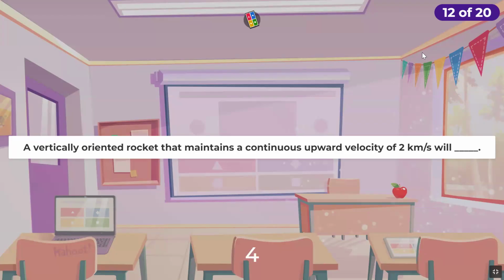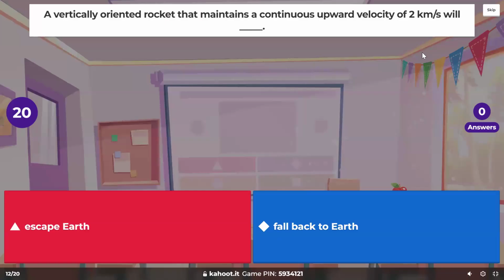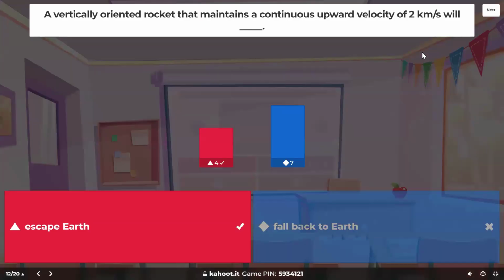A vertically oriented rocket that maintains a continuous upward velocity of 2 kilometers per second. Now, guys, I just told you escape speed was 11 kilometers per second. Is that what I just said?